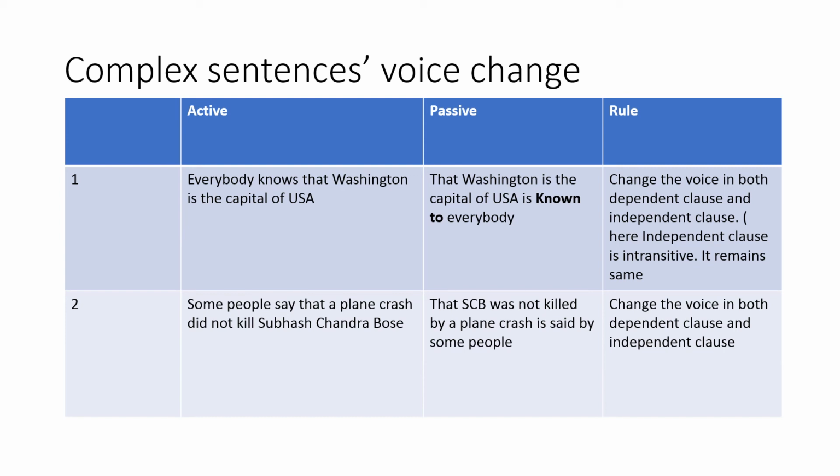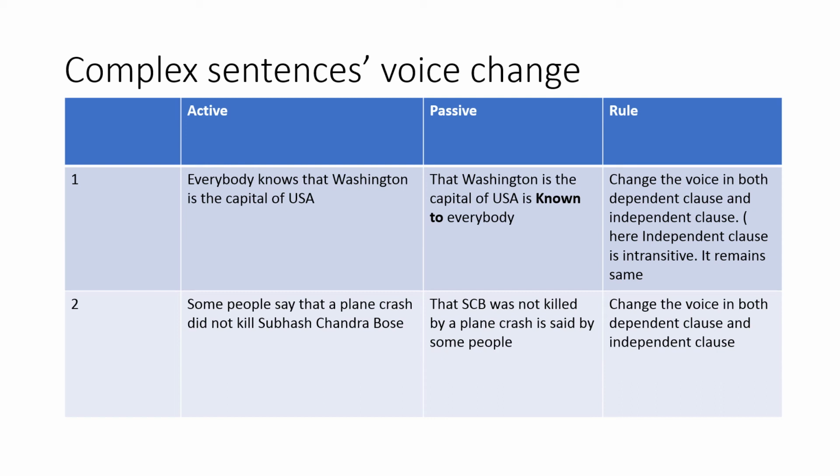Now here the key information is that I have highlighted "known to". "Known to" is very important in the sense that after "known", the appropriate preposition is "to", not "by". That's why we'll have to use "known" followed by "to".